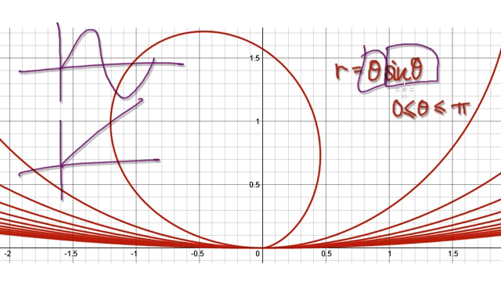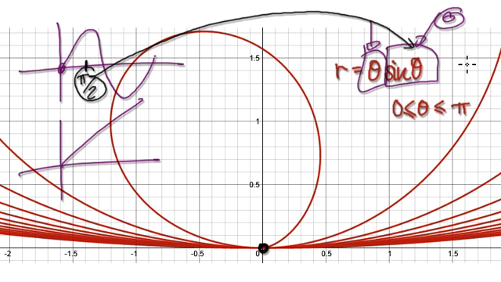At theta equals 0, you can see that sine theta will be 0, and then you times the radius. Well, 0 times 0, it will be 0. So when theta is 0, the starting point will be here, and then by the time it gets to half pi, when theta gets to half pi, this thing here will be 1, and then 1 times, well, this thing here will be half pi.